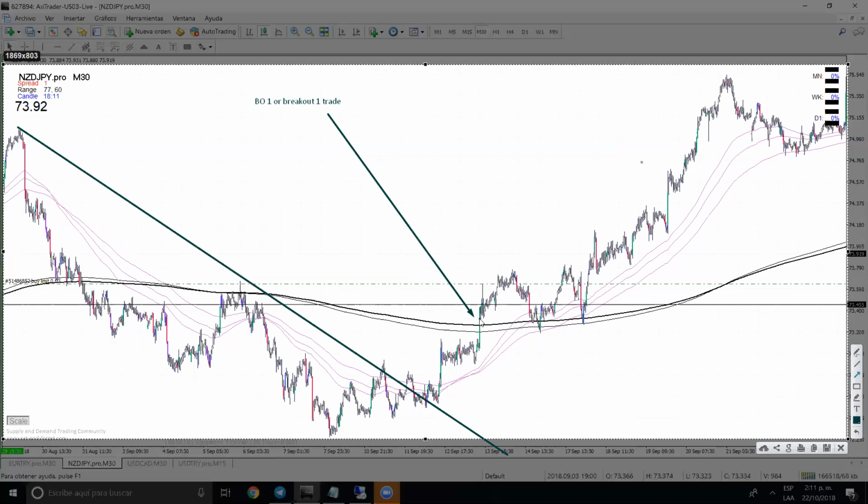In this case, for this trade, the price just crossed and changed direction. It broke the tunnel. For this trade, you see when the price crosses the wave until below the tunnel, and the price just goes. This is the first one, breakout 1.